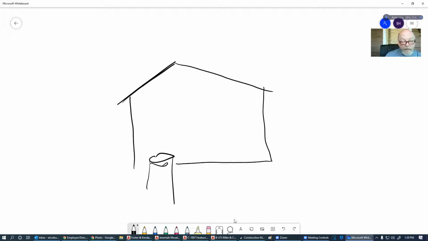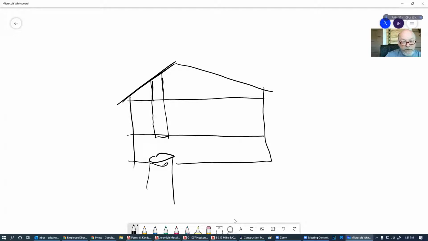But the only way we could do that is we had to make sure that there was a chase all the way through. It had a basement, a first floor. It was actually a split level house, so we had to make a chase all the way up into the roof.